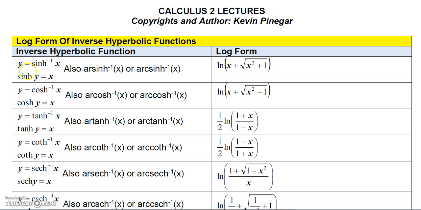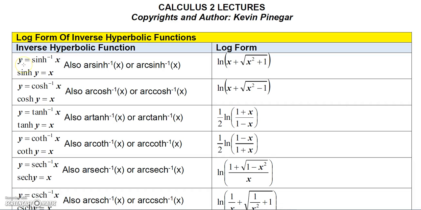So also some of the formulas that are derived are actually derived by using the log form, and so that might be helpful for you to know. So let me just go ahead and show you a couple of these. The inverse hyperbolic sine function can also be written, I've seen it written both ways, as arsinh or arcsinh to the negative 1.